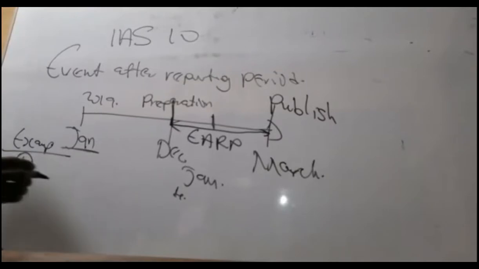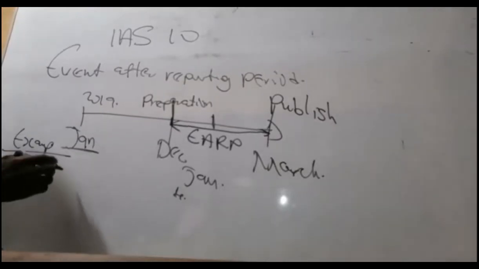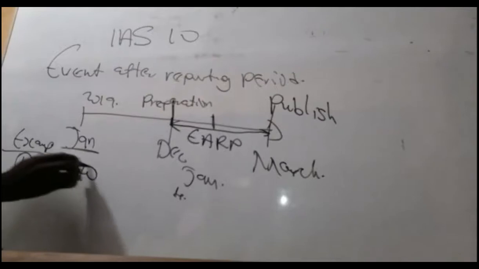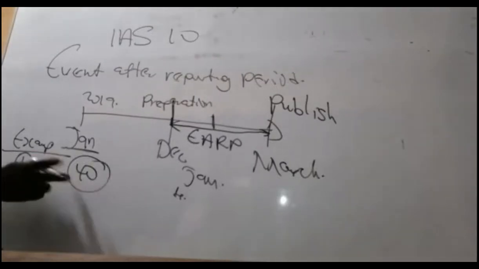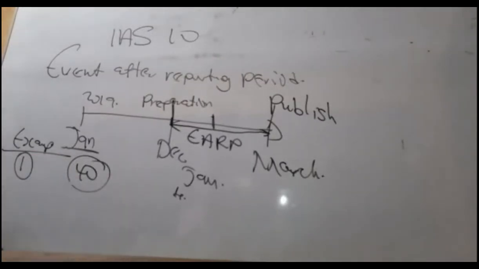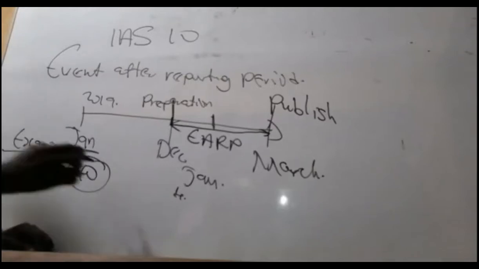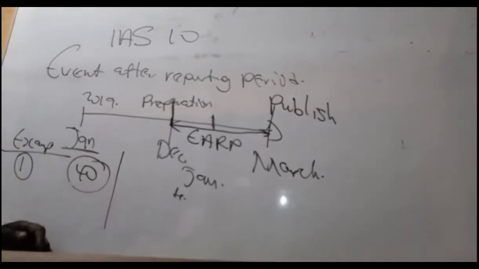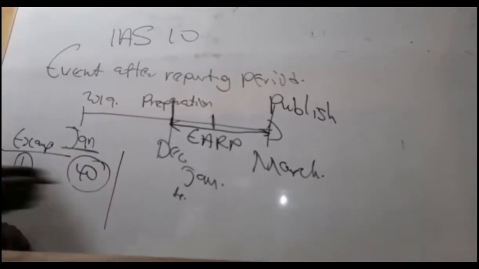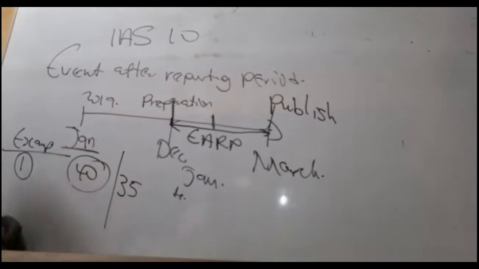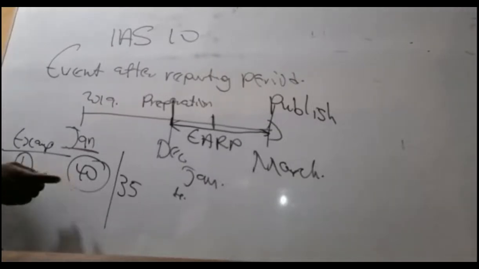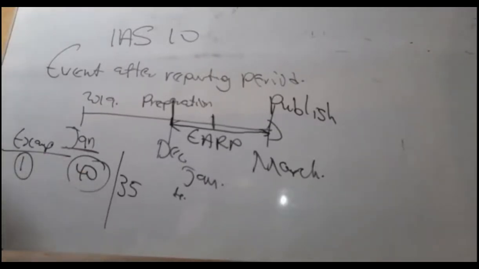Maybe the closing inventory had a cost of 40,000, so you included it in the financial statement at 40,000. That was the cost. 20 days after the year end, you sold these goods for 35,000 Ghana cedis. Now, here there's evidence that the goods recorded were worth less, so in fact, adjust the financial statement.